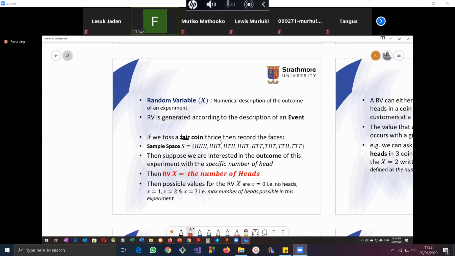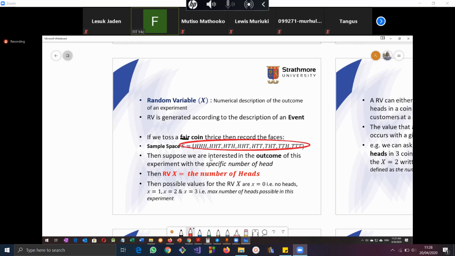You toss it 3 times, so this will actually be the sample space. These are the set of all possible values that we can get when we toss a coin 3 times. Maybe the first time we got a head, then a head, then a head. We can get a head, head, and a tail, etc.